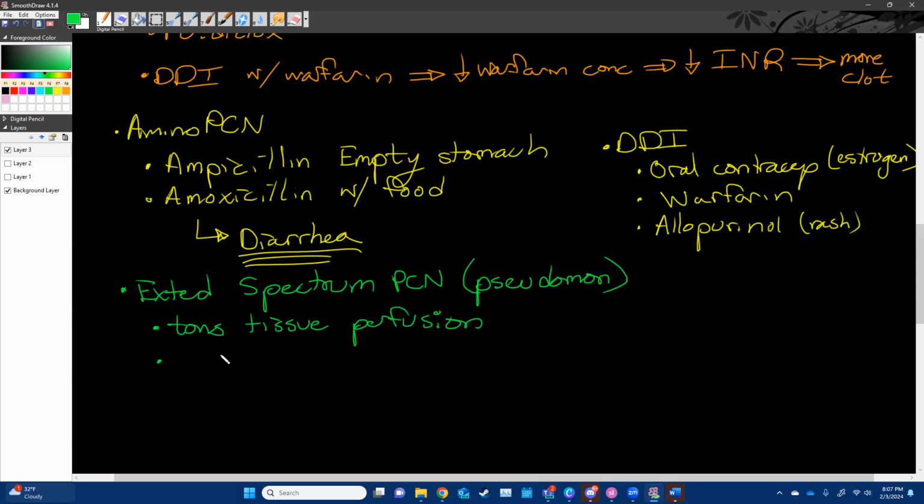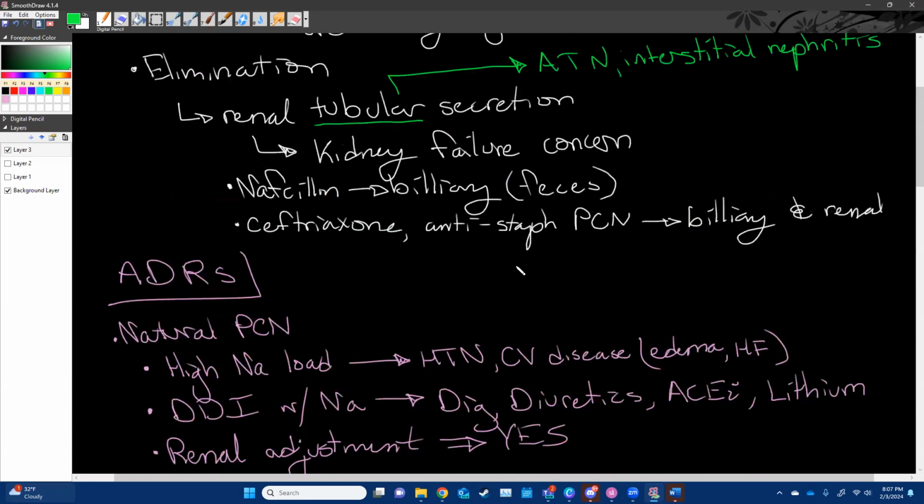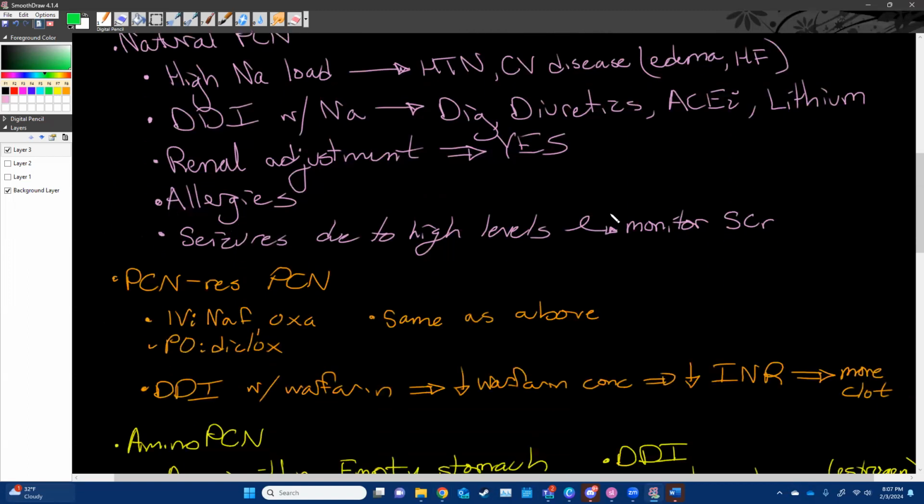The other really big thing about this too is that we have lots of biliary excretion. And if you remember, our biliary excretion was our anti-staph penicillins, which piperacillin is one of them.